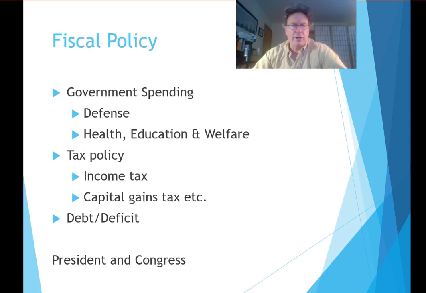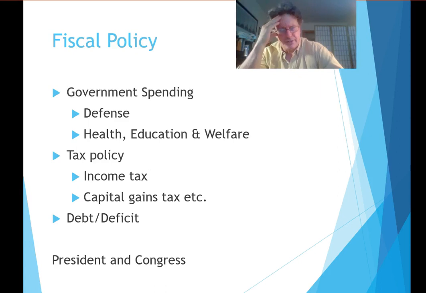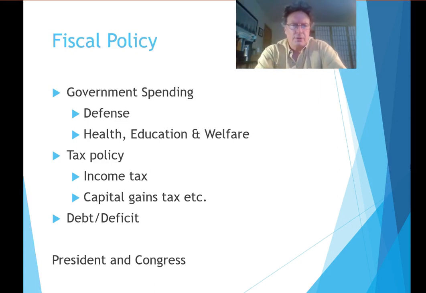Okay, now where does policy fit into this? I said the government has options for what to do, things that affect the economy or that are part of the economy. Now, all this spending that I just said and tax policy, so the government buys fighter jets, they buy healthcare services, they buy all kinds of things.